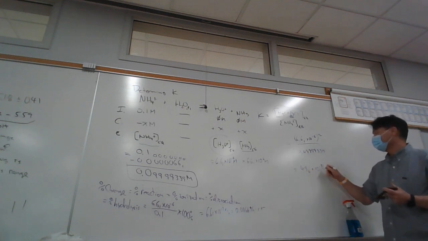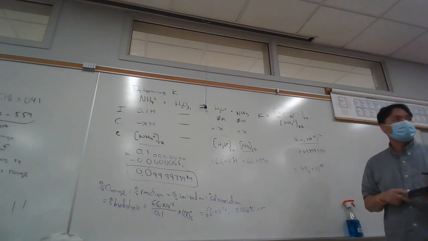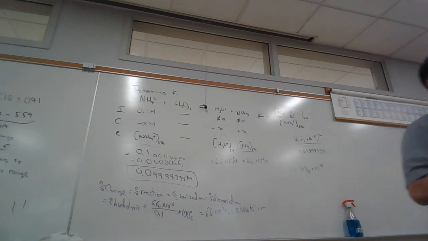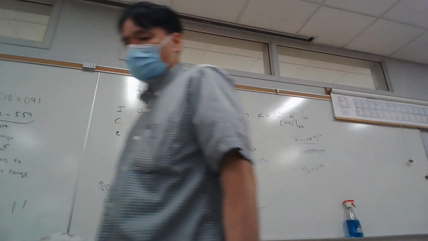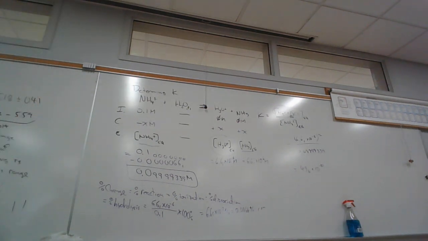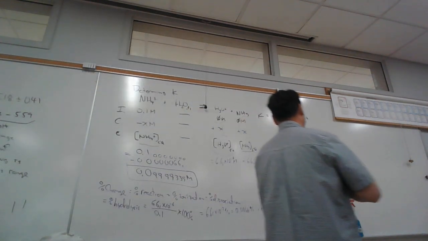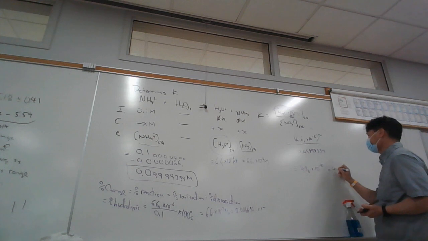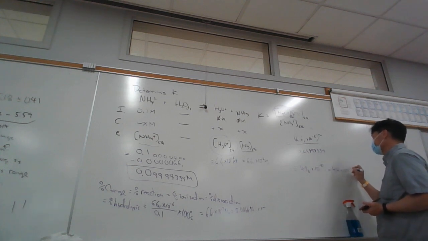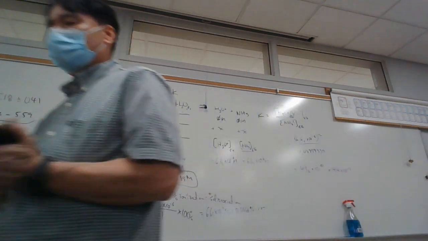What did you guys get? 4.36 times 10 to the minus 10. So rounding this to the sig figs, I get 4.4 times 10 to the minus 10. You got the same? Okay, good.